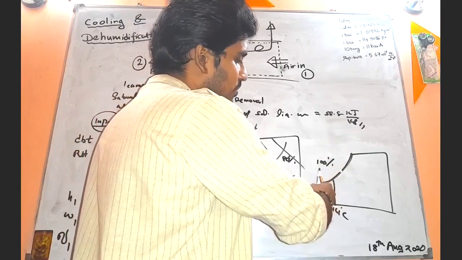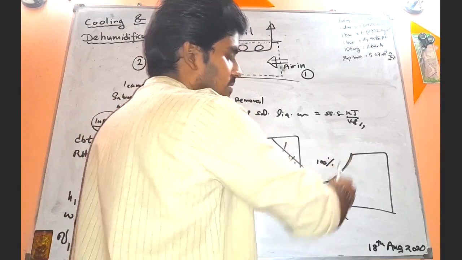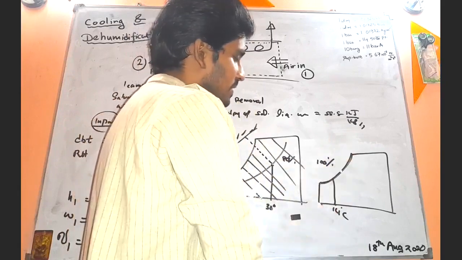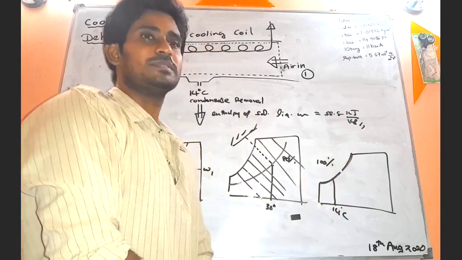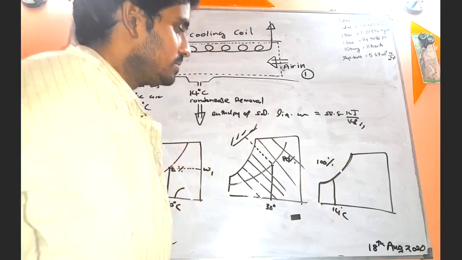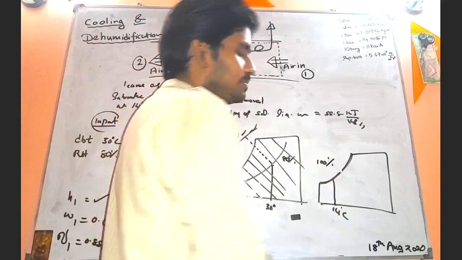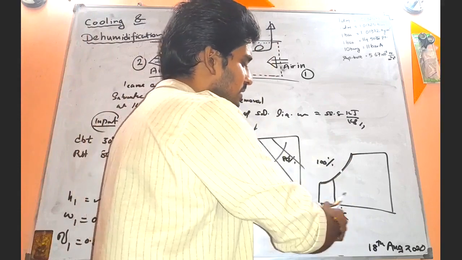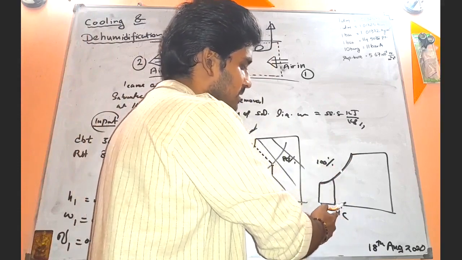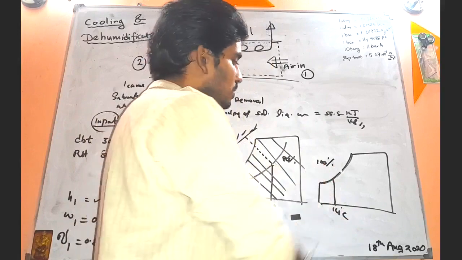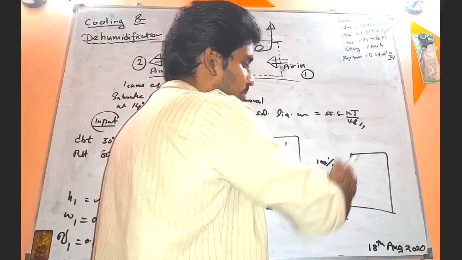This 14 degrees Celsius dry bulb temperature line goes vertically, and you know this curve is the curve of saturation, where the relative humidity is 100%. So now you need to find the point of intersection of this 14 degrees Celsius dry bulb temperature line and this 100% relative humidity curve.